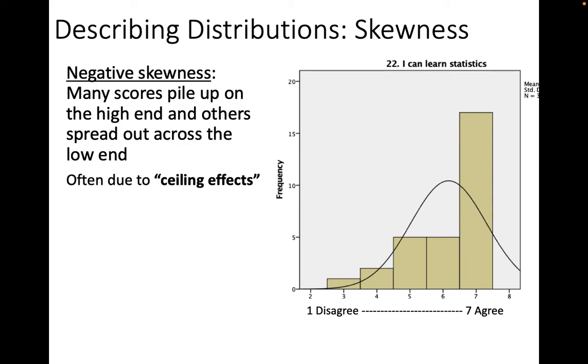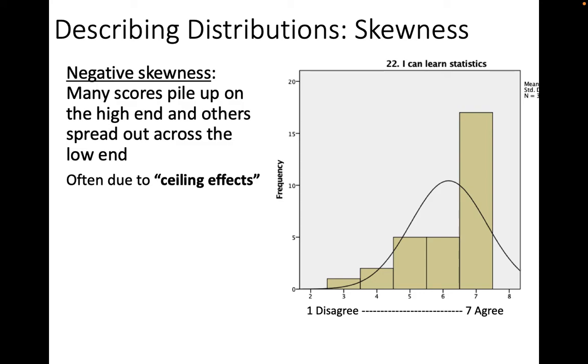Another good example of how we might get a negatively skewed distribution is to think about a very easy multiplication test that's given to adults. Most adults know their multiplication, so you would expect that most adults are going to score very high, and many are going to get a perfect score of 100%.